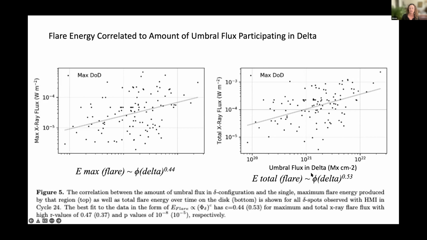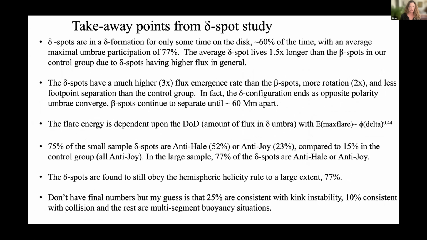We fit the exponents of that dependence here, 0.44 and 0.53, and there's more details in the paper. It has really high R values and low P values, so there's a lot of confidence.